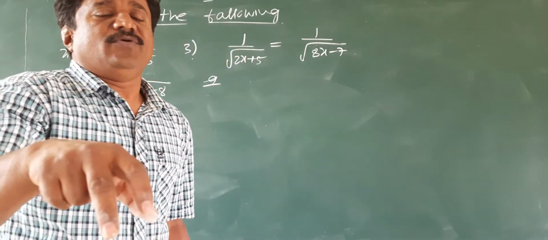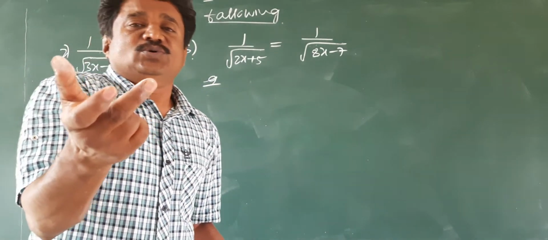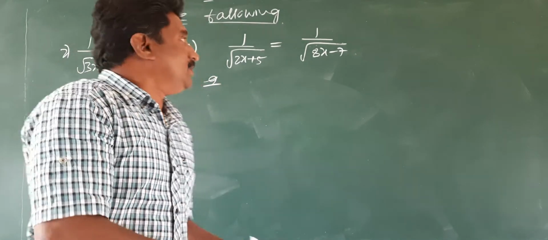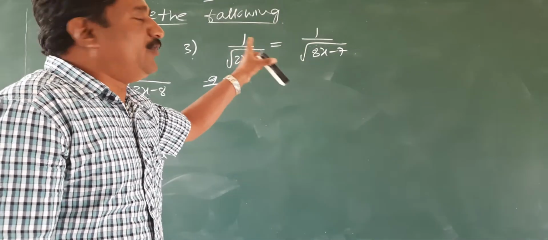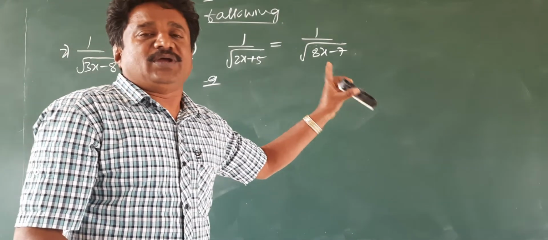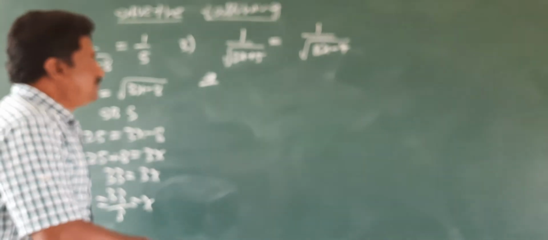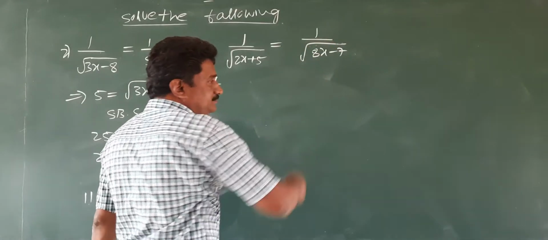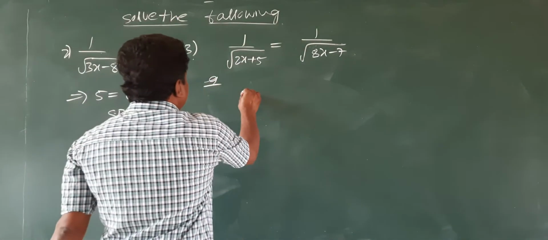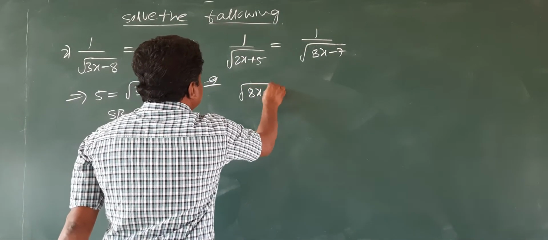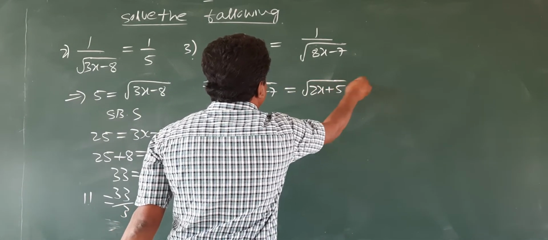Either go for squaring first and then cross multiplication, or cross multiplication first and then squaring. Both are correct. First I go for cross multiplication. That is root of 8x minus 7 is equal to root of 2x plus 5.